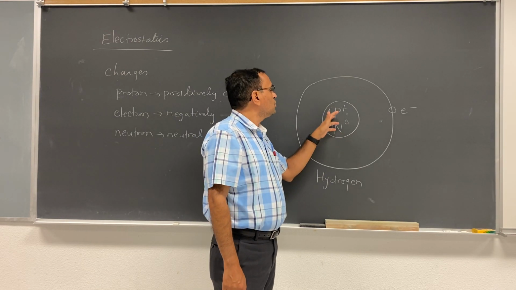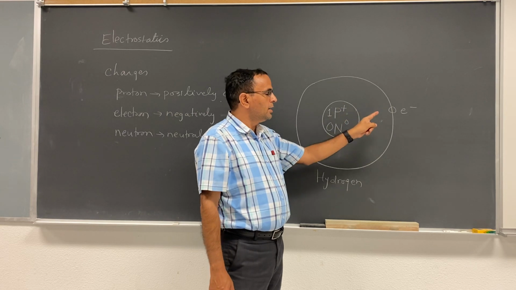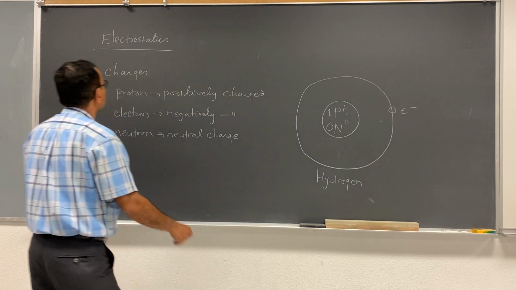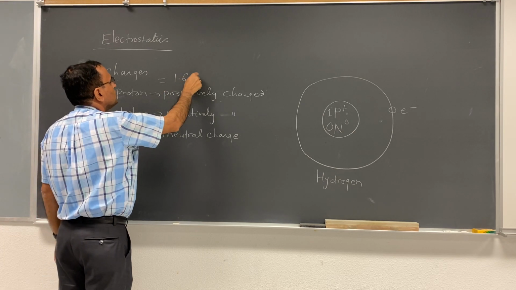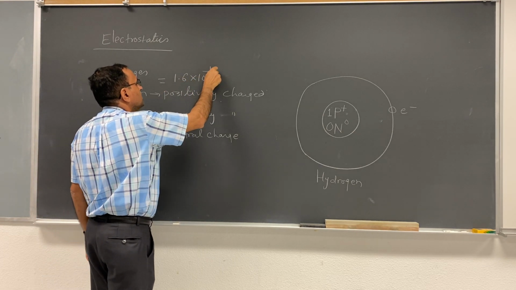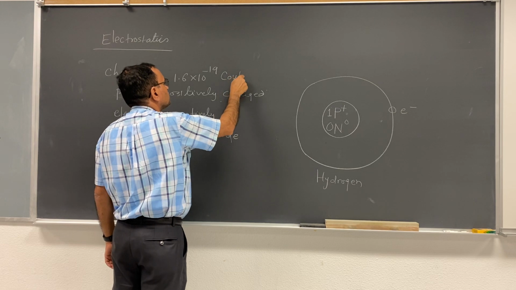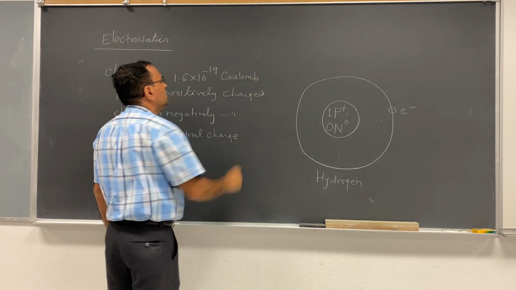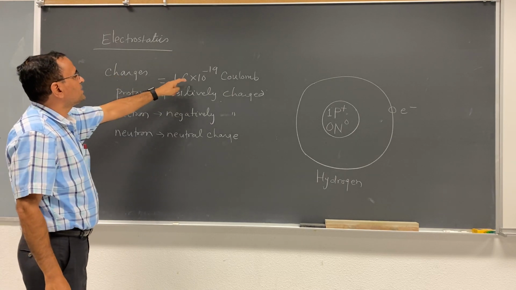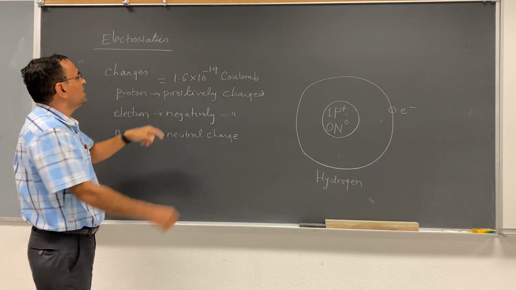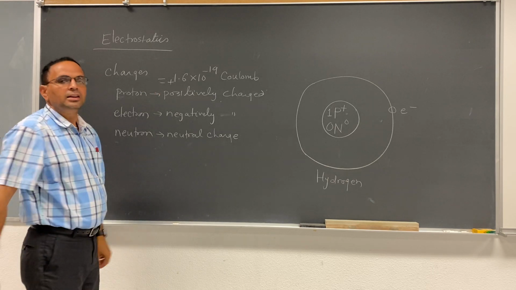Okay, so the proton, P plus, one proton, one electron, and the charge in proton is 1.6 times 10 to the power negative 19 coulomb. The unit of charge is coulomb. You can take this positive in proton.